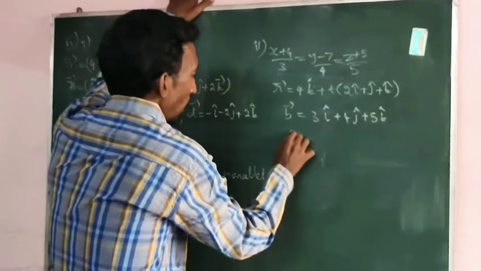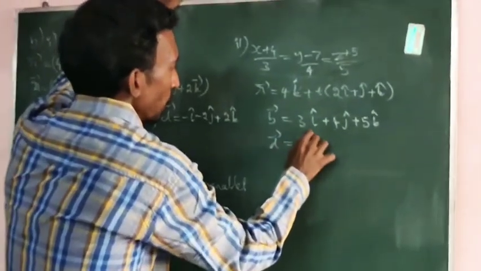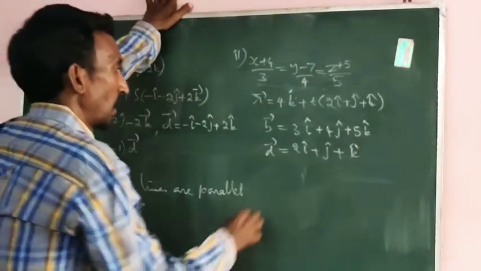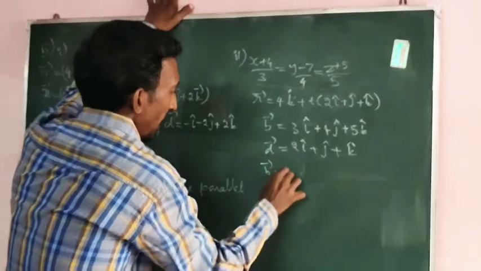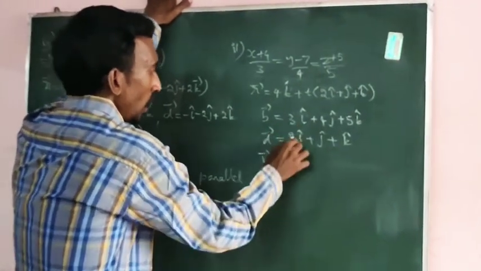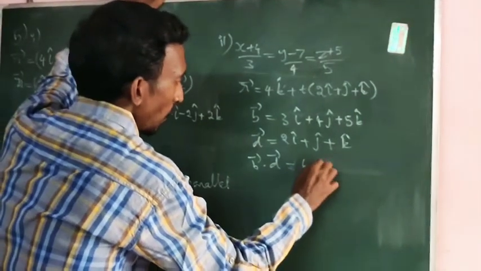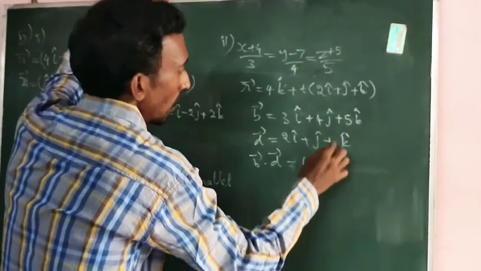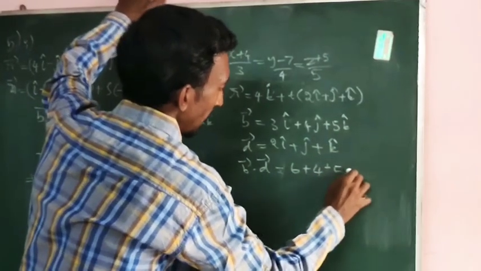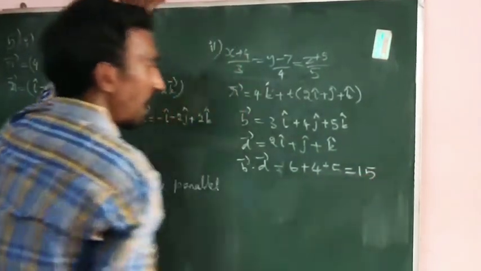So d vector equal to 2i plus j plus k. First to find out b vector dot d vector: 3 into 2, 6, plus 4 plus 5, so we are getting 15 for b dot d.